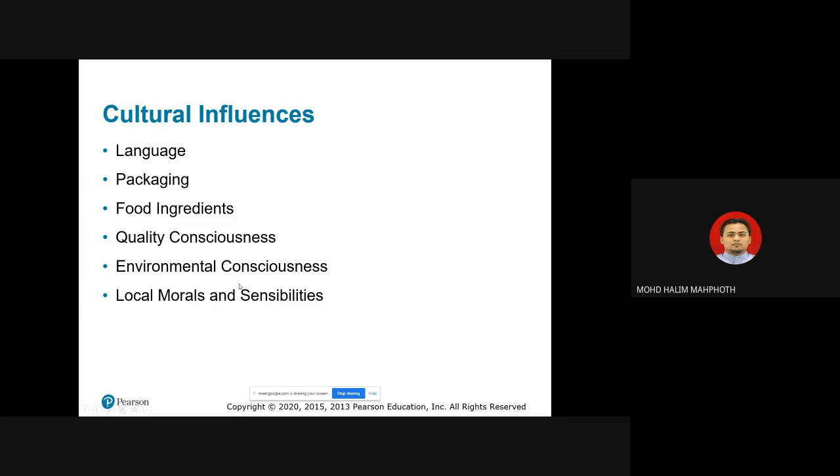Okay, cultural influences. Under cultural influences, your products have to be customized or standardized in terms of the language.